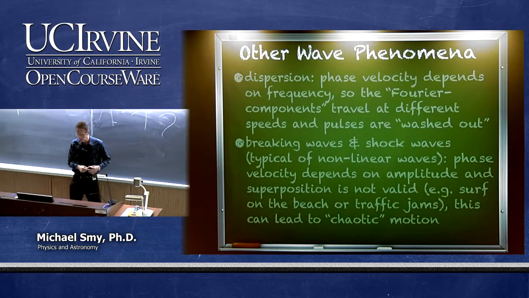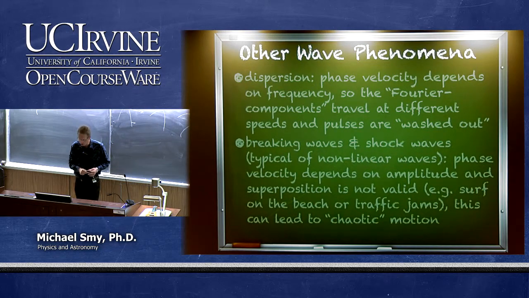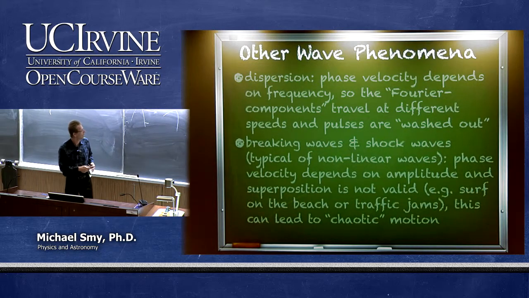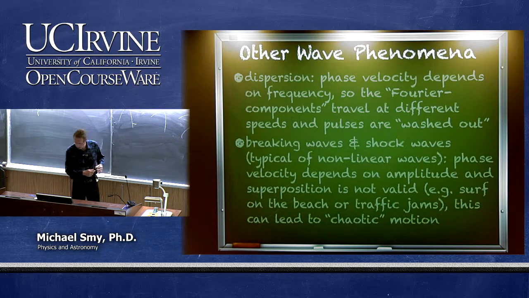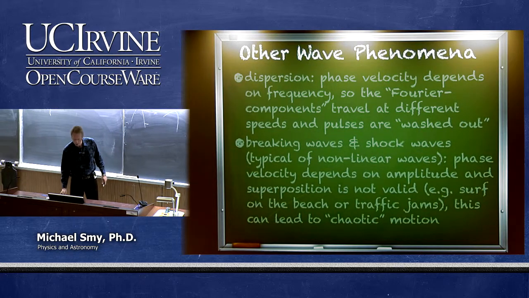And in that case, often chaotic motion is the outcome of it. Nonlinear waves appear in many real-life situations, including traffic jams, for example. But they are not part of this class.